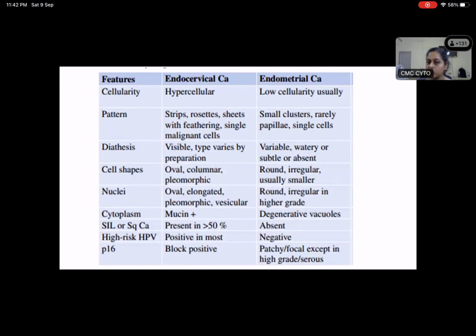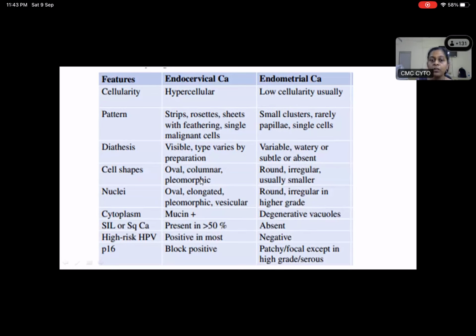This table is straight out of the textbook. You can look at it in your books also. Comparison between endocervical and endometrial carcinoma. Endocervical is hypercellular; endometrial has low cellularity because these are exfoliated cells. Endocervical shows strips, rosettes, sheets with feathering or single cells. Here they're small clusters, very rarely papillae or single cells. Diathesis is usually visible in endocervical; here it is variable, watery, subtle, sometimes even absent.